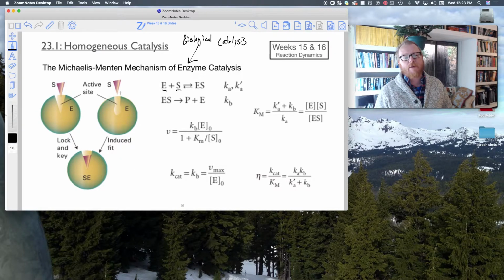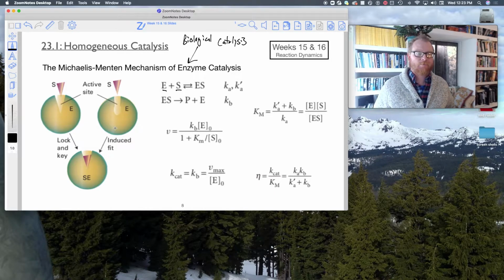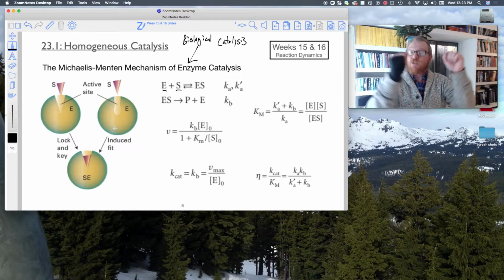There's also the possibility of induced fit, where the electrochemical structure of the substrate and the enzyme can be induced to have a nice fit. But all the same, what's important here is noting the diffusion of the substrate to the enzyme.